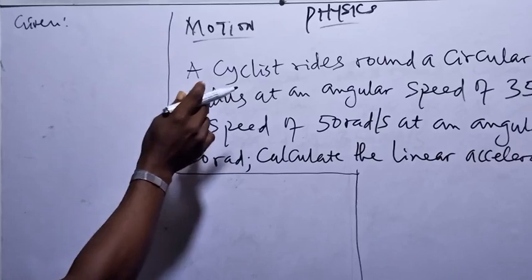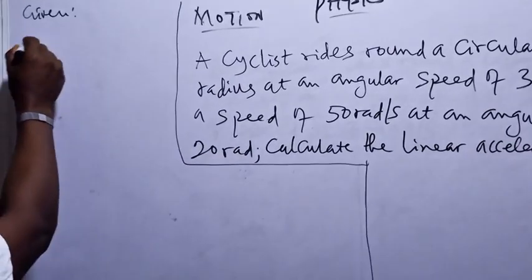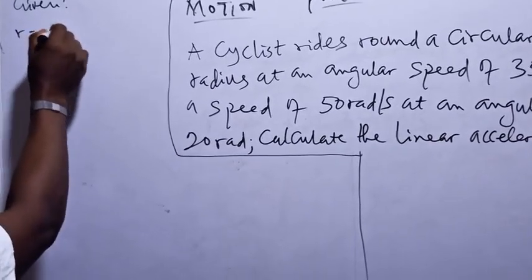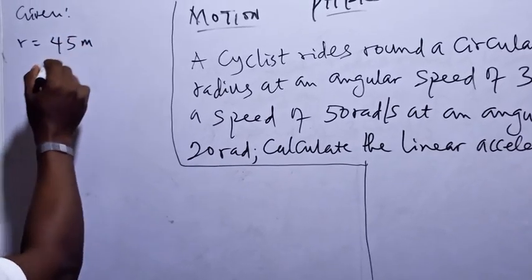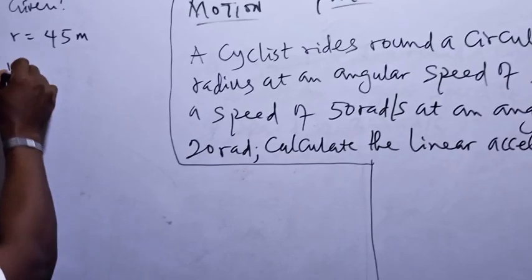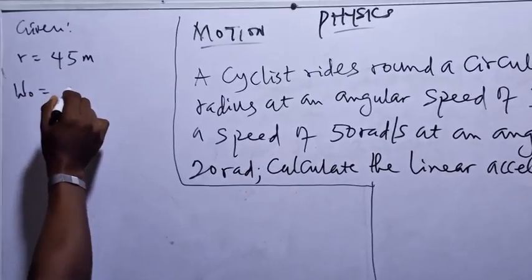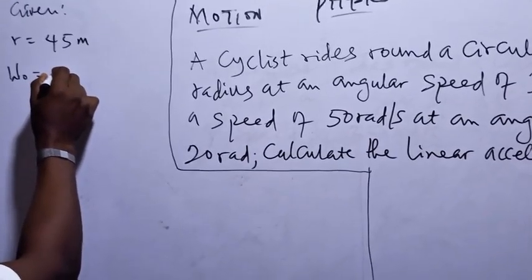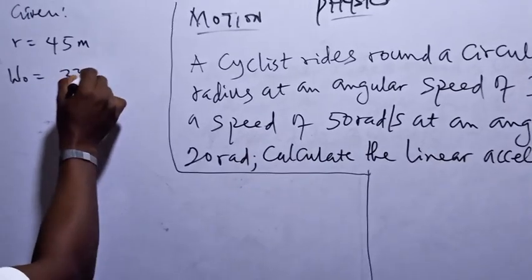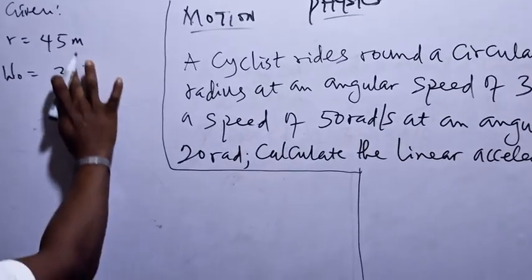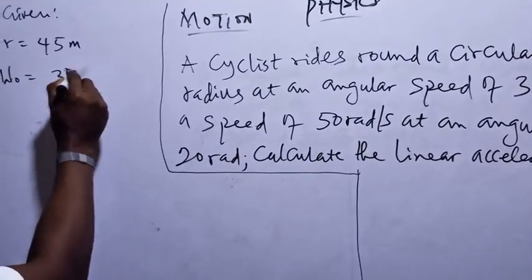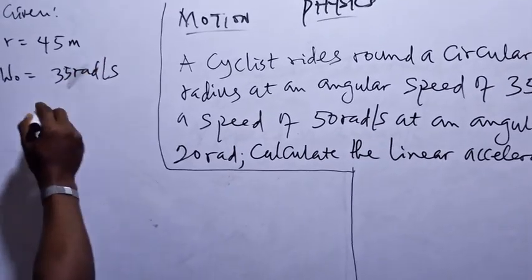we have that the radius is 45 meters. Angular motion: first, the initial angular speed is 35 per second.